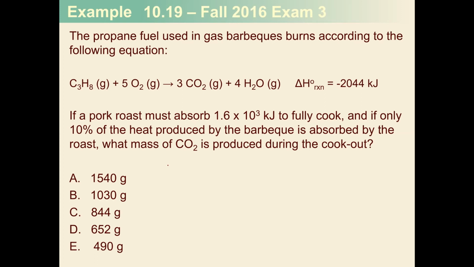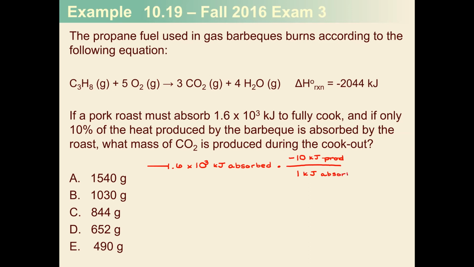So let's talk about the energy that was absorbed by the roast. We start at 1.6 times 10 to the third kilojoules of energy absorbed by our pork. Well, if we have 10% efficiency in our reaction, we know that a negative 10 kilojoules must be produced by our grill in order for every 1 kilojoule to go in to our roast.